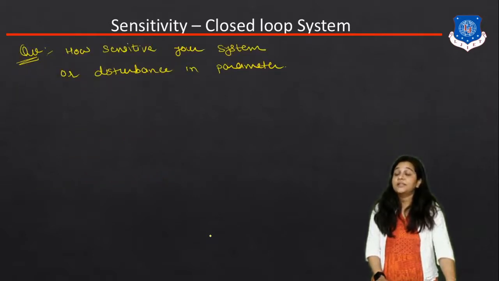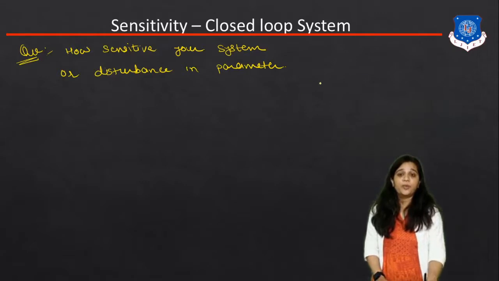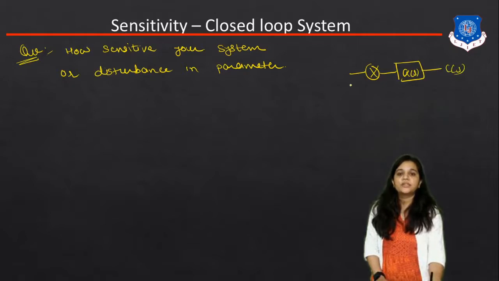So what is the question? How sensitive is your system to disturbance in the parameter? Which type of disturbance is generated in the closed loop system? As you know, this is the general block diagram of the closed loop system. This is my output, this is my input signal, and this is my feedback loop.